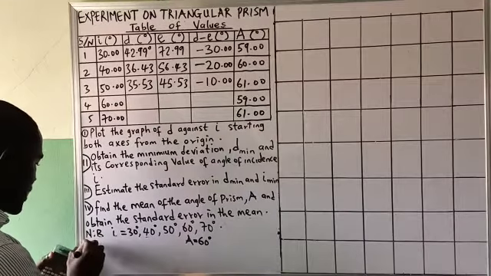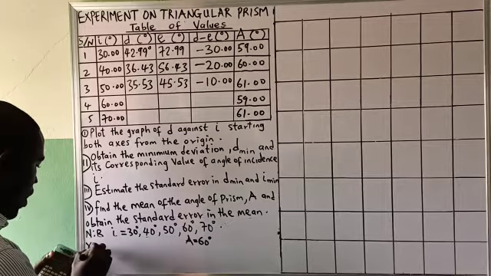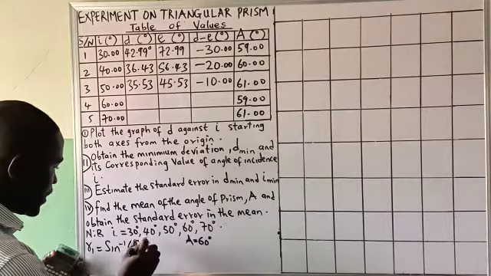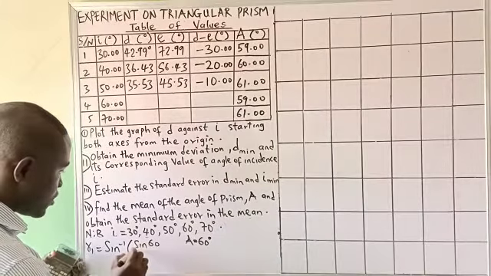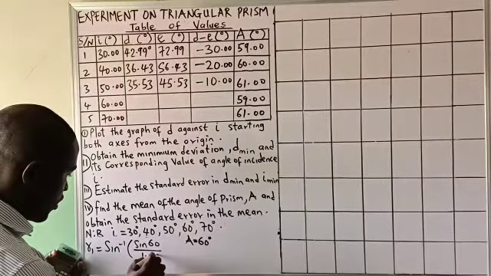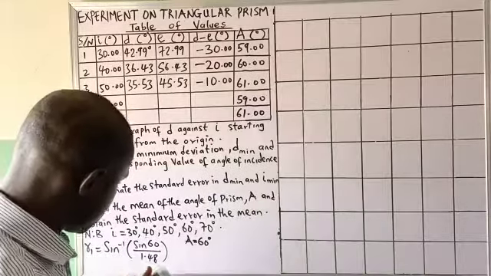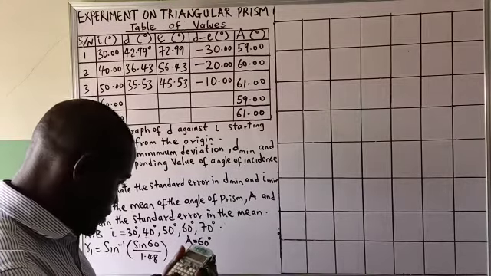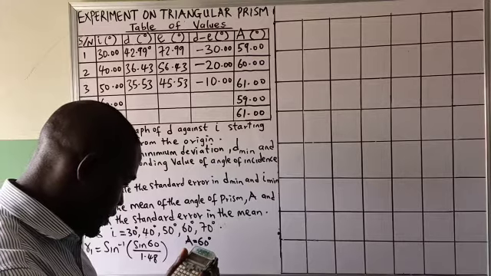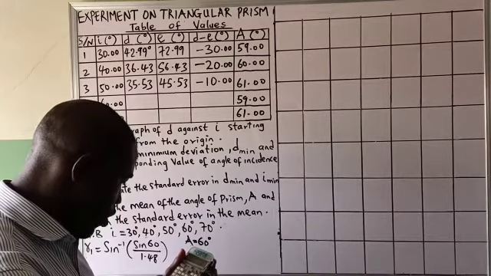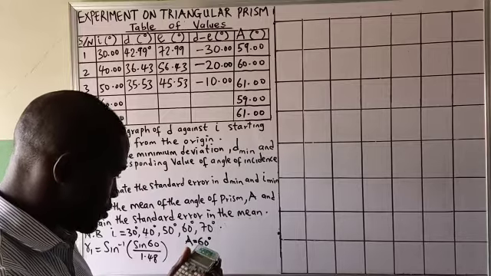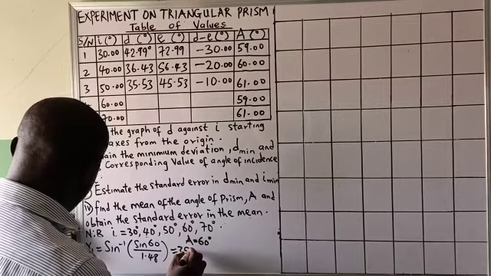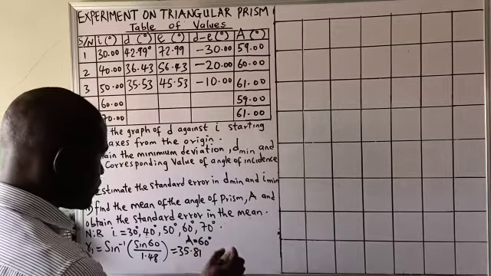Next one, we say that R1 will be equal to sine inverse of sine 60 all over 1.48. Shift sine bracket sine 60 divided by 1.48. I'll be getting it to be 35.81.